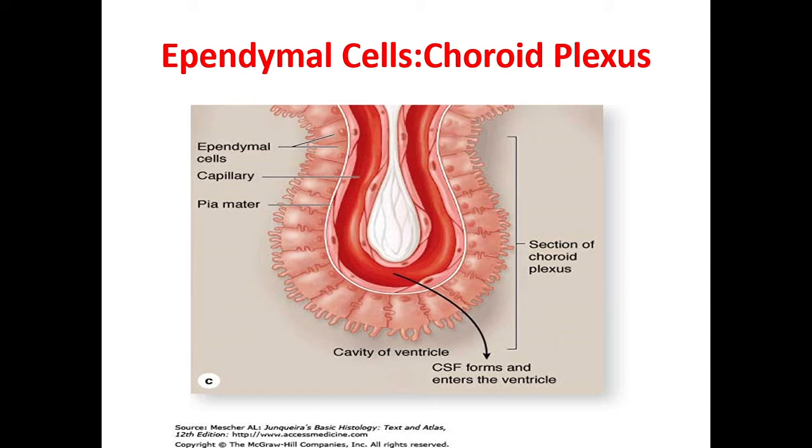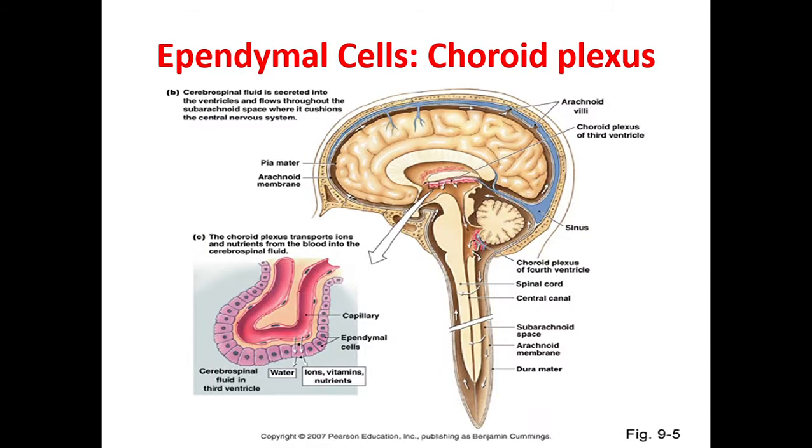Together with the blood, the CSF produced by the choroid plexus will circulate from the central canal going to the brain through the ventricles of the brain, giving nourishment both to the cells of the spinal cord and the brain cells.